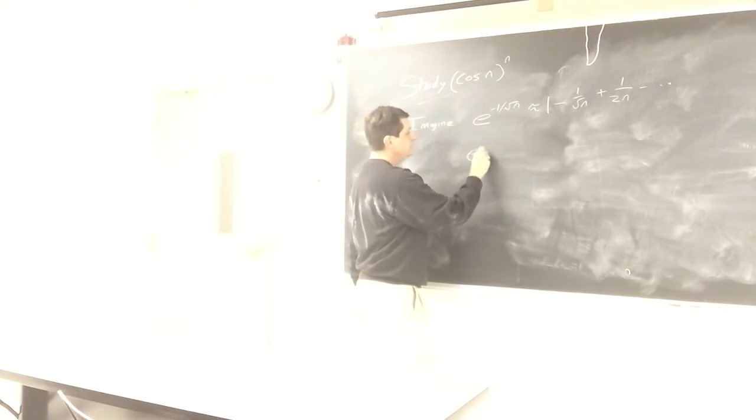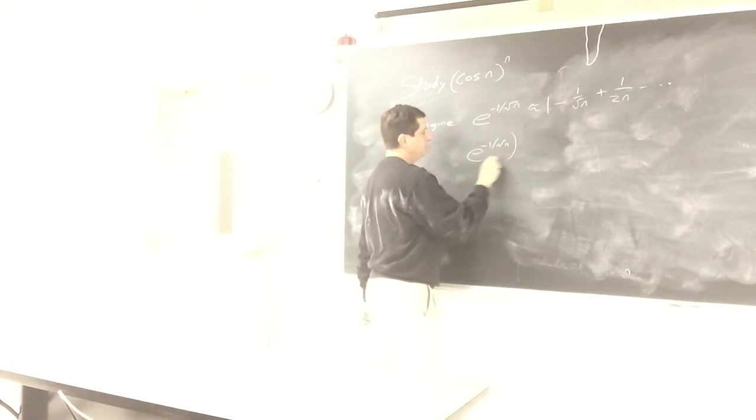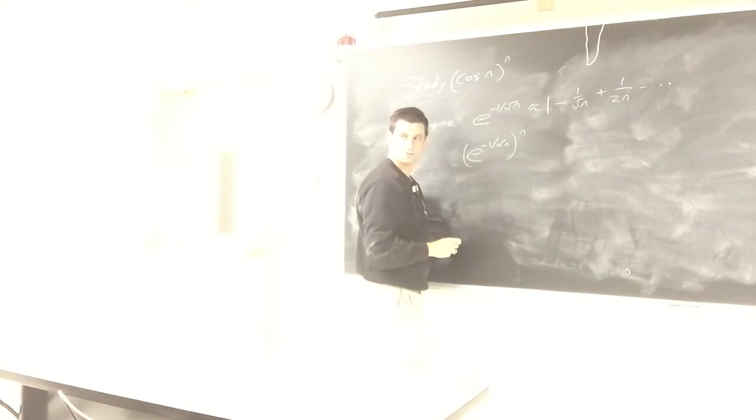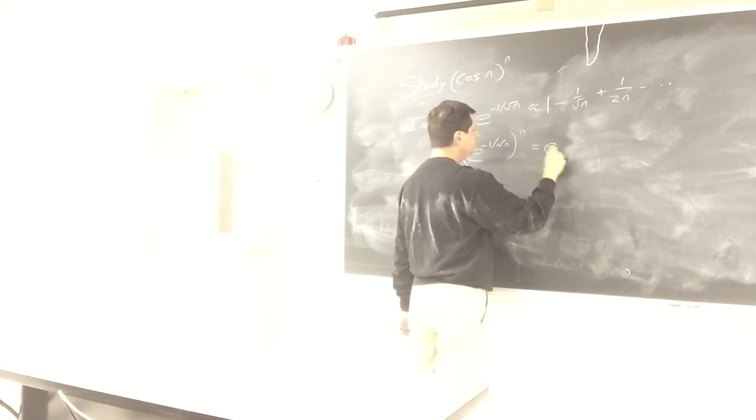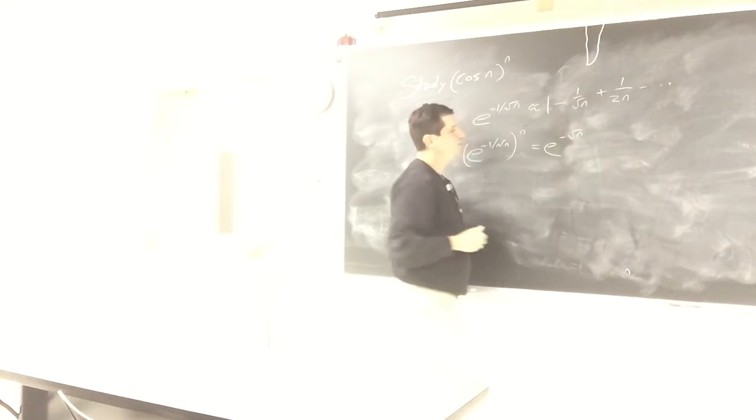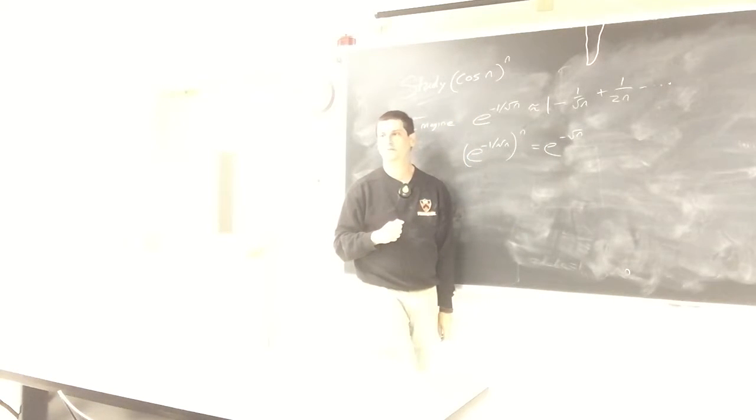If I take e to the minus 1 over square root of n, and I raise this to the nth power, this is e to the negative square root of n. What is that approximately when n is large?